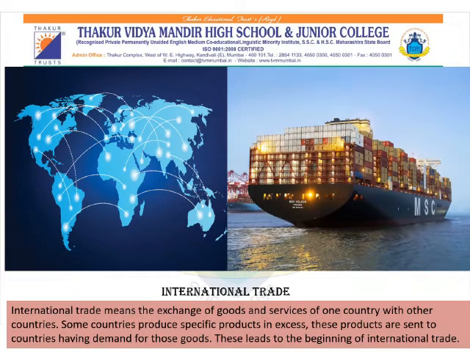For example, crude oil is produced in Saudi Arabia and Kuwait, and wheat is produced in large quantity in the USA, Canada, etc. These products are sent to countries having a shortage of the product, where they are in great demand. This leads to the beginning of international trading. So international trade means the exchange of goods and services of one country with other countries.